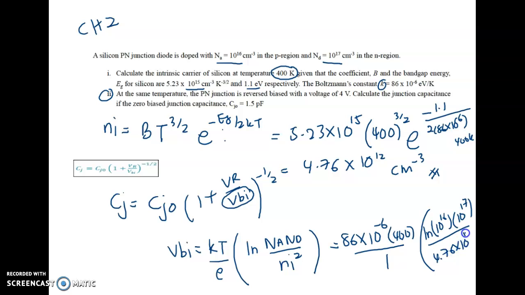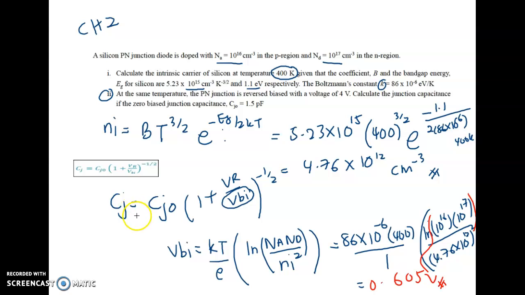You need to square your NI. Then you can get here 0.605 volt. Okay, so this is for VBI.